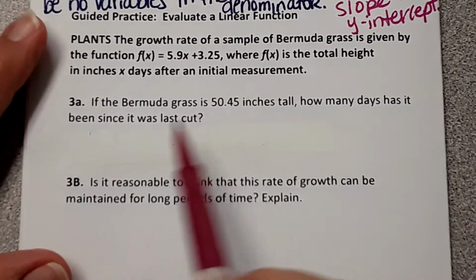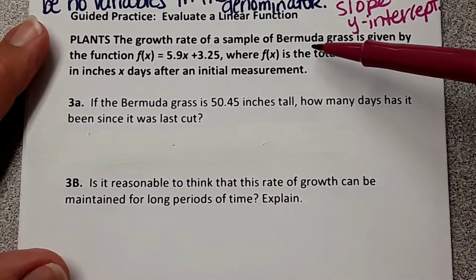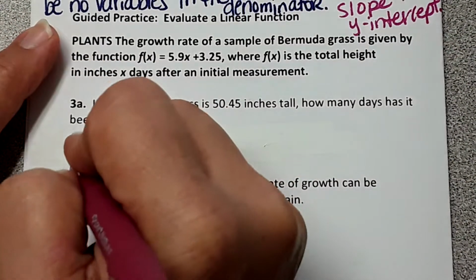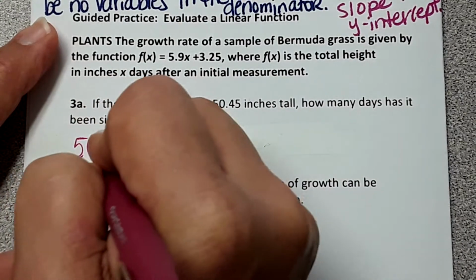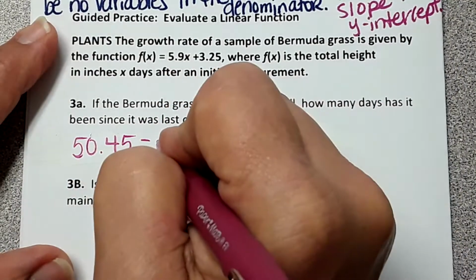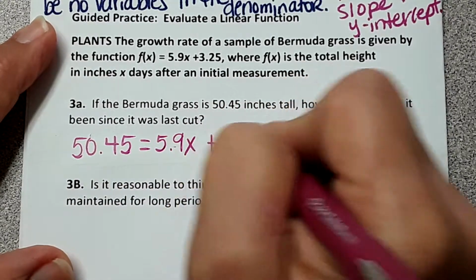It says that the Bermuda grass is 50.45 inches tall. So f of x is the total height in inches. So this is the total height. So we're going to put 50.45 equals 5.9x plus 3.25.